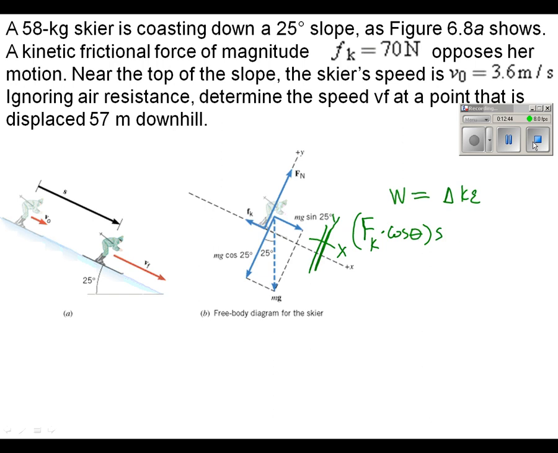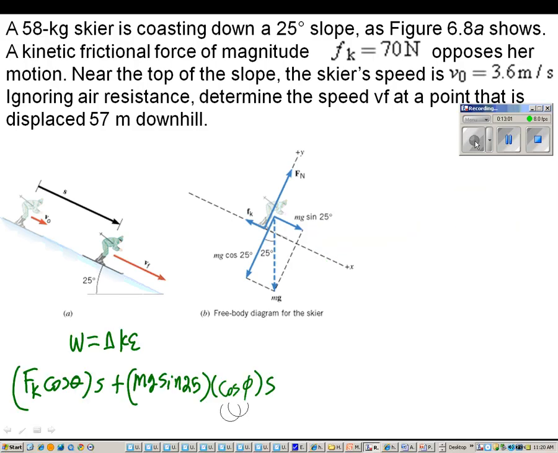And we have the work being done by the next force, which is mg sine 25, times cosine theta. And I'm going to write this down here to give me more room.